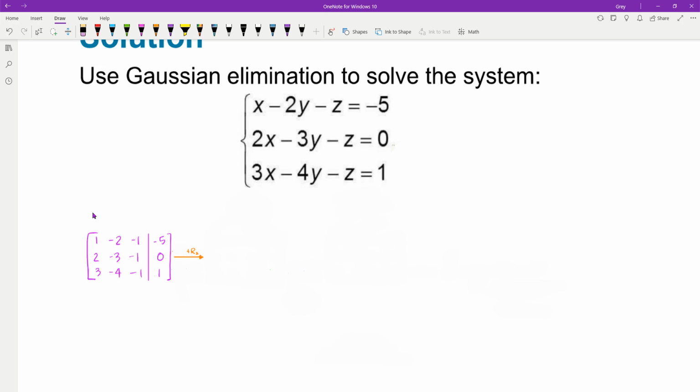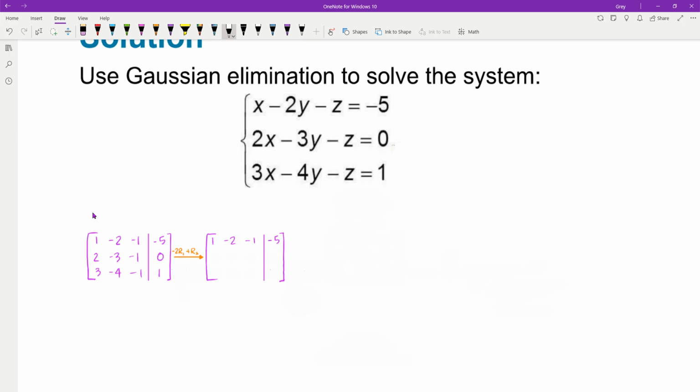So that's row 2, and I'm going to multiply row 1 by -2. I like to always write that row that I'm multiplying so I don't get messed up. So I'll write those: 1, -2, -1, -5. That one's not going to change.